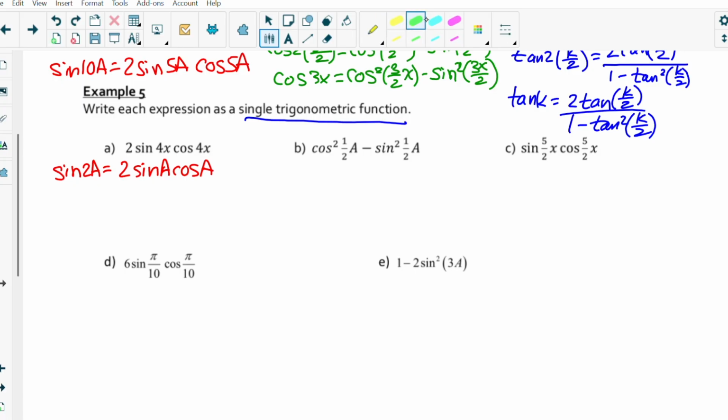When I look at this, I have 4x and a. I have 2 and 2. And then the functions match as well: sine, sine, cosine, cosine.